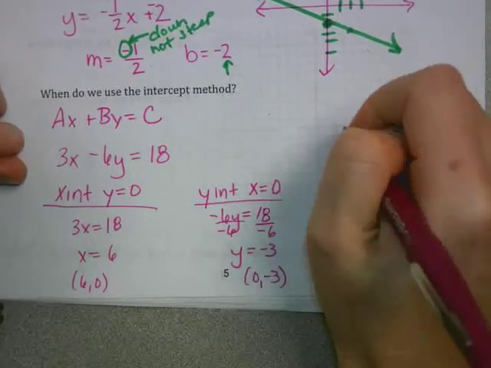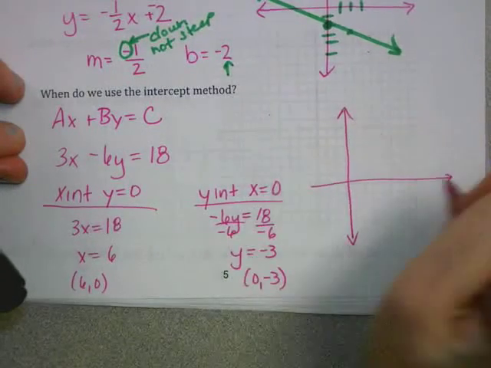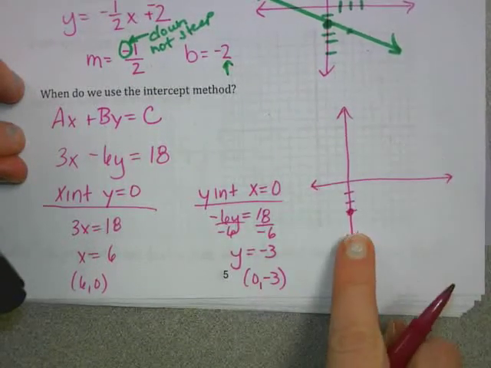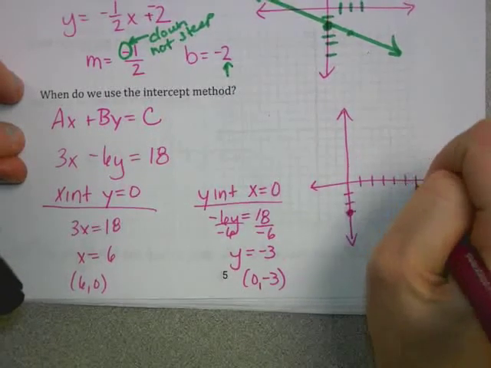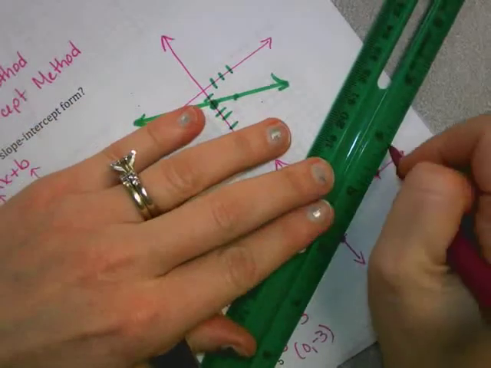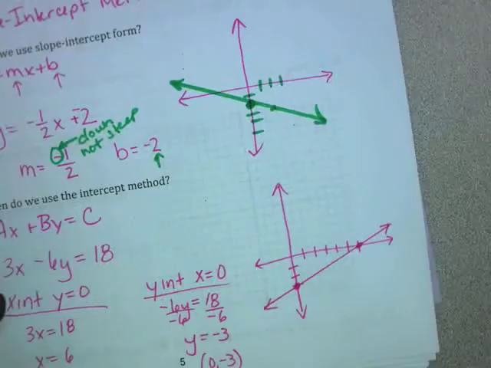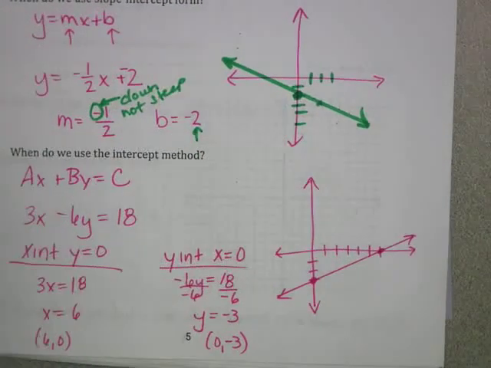So a quick sketch of that. 1, 2, 3, down to -3 for the y-intercept, and over 6 for the x-intercept. And there's that one. Certainly I could have used a table or done the slope-intercept method, but the most efficient way for that was, since it was already in standard form, to use the intercept method.